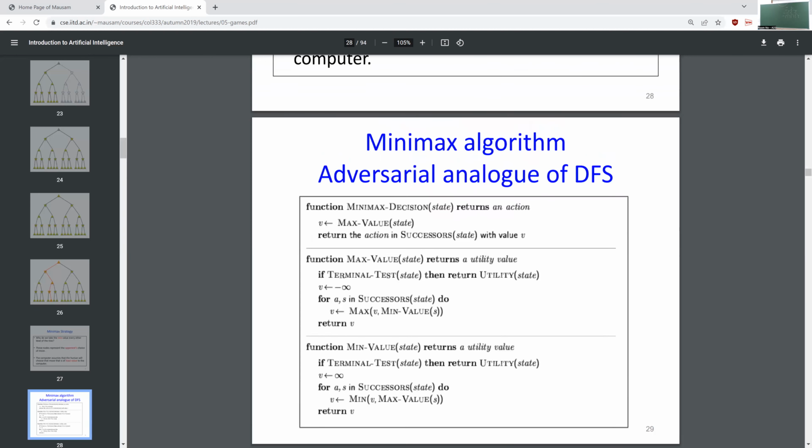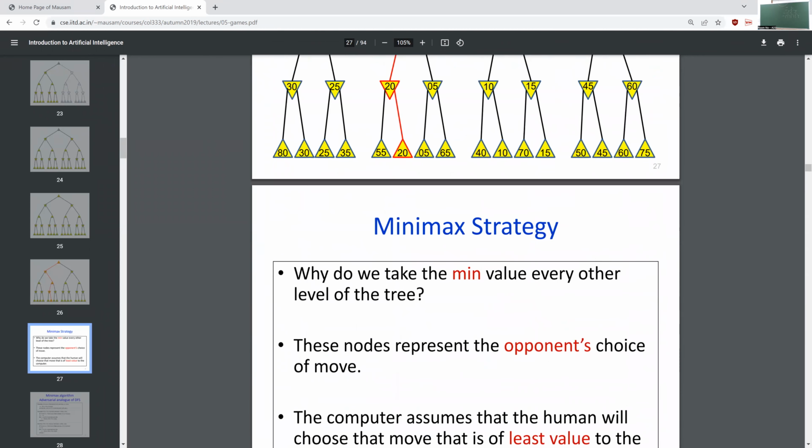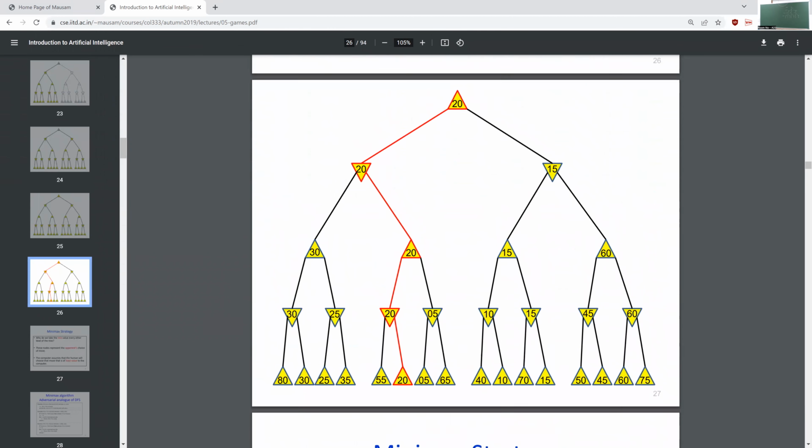For example, if you want to make a choice at the root, then look at its children, 20 and 15. Choose the node which has the maximum value, this node 20.